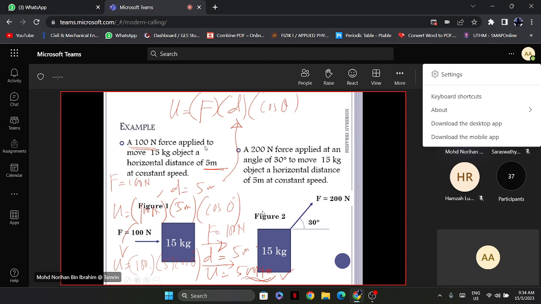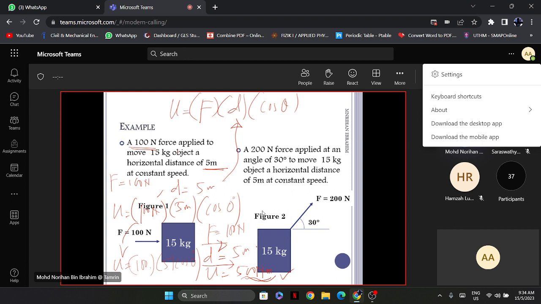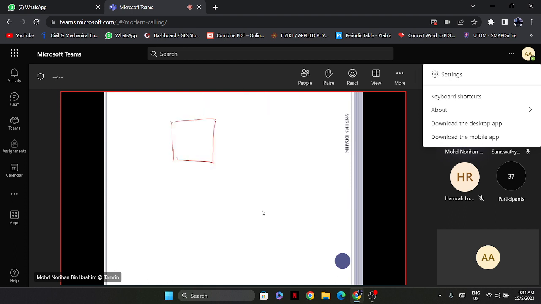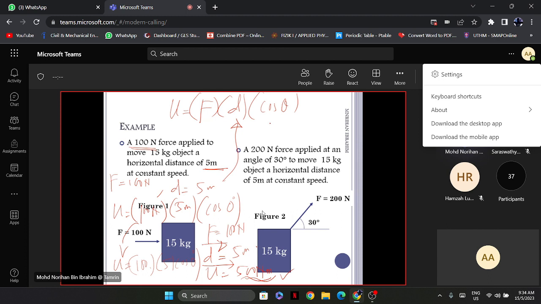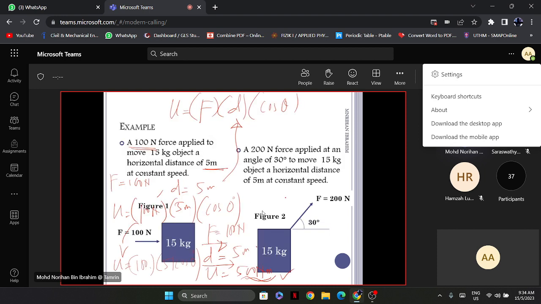So here is the F, 200, 30 degree. A 200 Newton force applied at an angle of 30 degrees to move 15 kilogram object horizontal distance of 5 meters at constant speed.